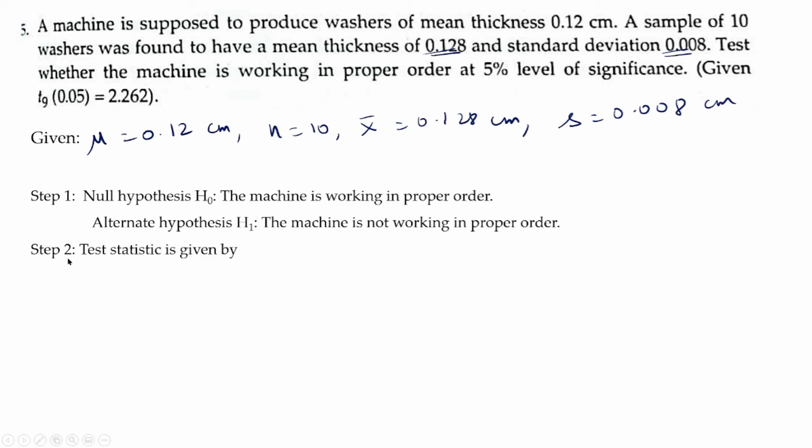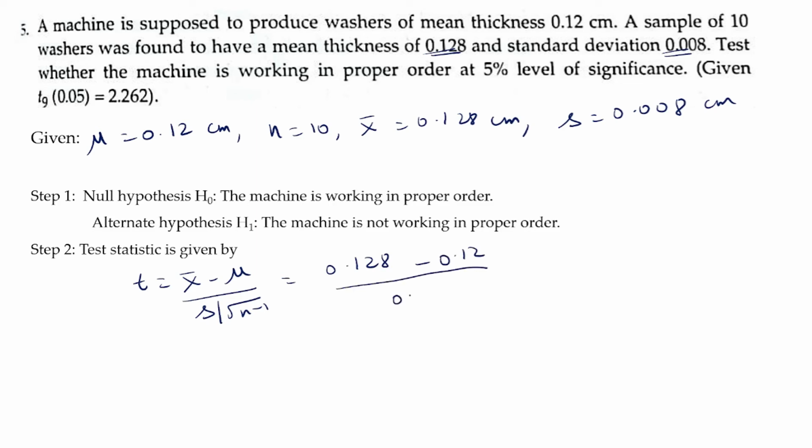Now coming to step 2, the test statistic is given by T is equal to x bar minus mu upon S by root of n minus 1. X bar is 0.128, mu is 0.12, upon S is 0.008 upon root of n minus 1, n is 10, so 10 minus 1.